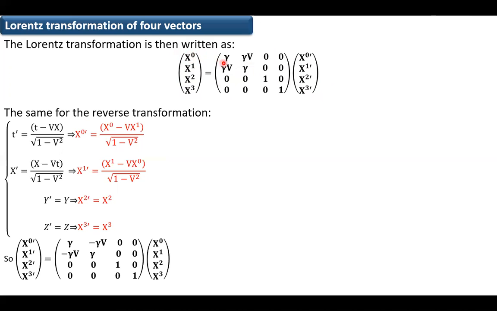So x0 is equal to gamma x0 prime plus gamma v x1 prime plus 0 x2 prime plus 0 x3 prime. x1 is equal to gamma v x0 prime plus gamma x1 prime plus 0 x2 prime plus 0 x3 prime. x2 is only equal to 1 x2 prime. x3 is only equal to 1 x3 prime. So this is the same Lorentz transformation put in the form of matrices.